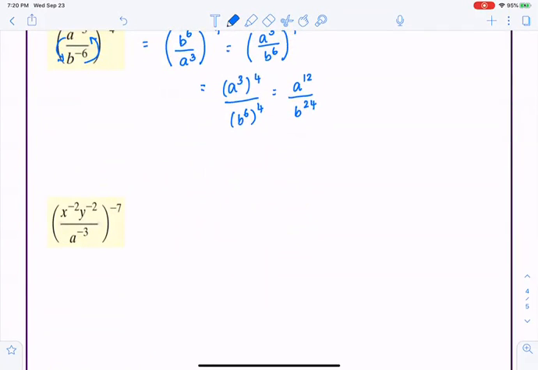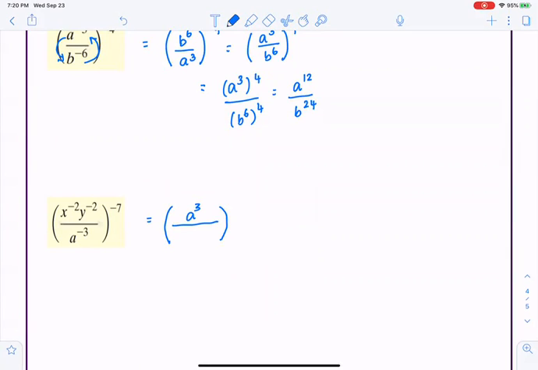So here I'm going to use the same trick as the previous problem. The first step is to convert everything to positive exponents. So everything in the numerator has to come to the denominator, and the denominator a raised negative 3 has to move to the numerator so that we have positive exponents inside the parentheses. So a raised negative 3 moves to the numerator, it becomes a raised positive 3.